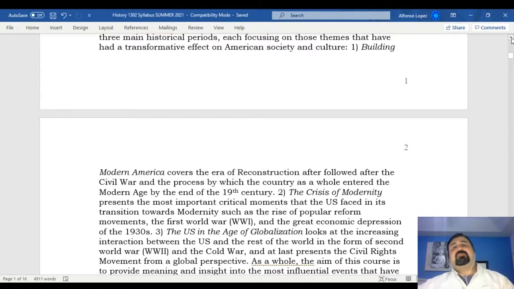And also we're going to be paying attention to how the United States was industrializing. It was developing an industrial economy, an industrial capitalist economy, in the late 19th century.